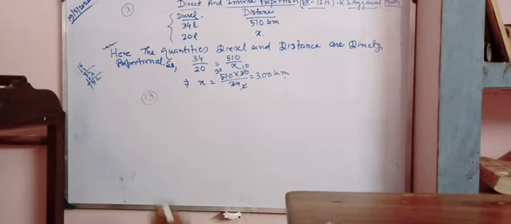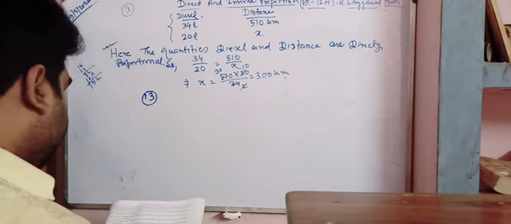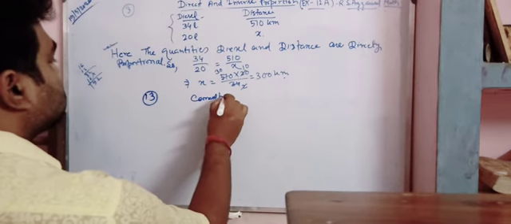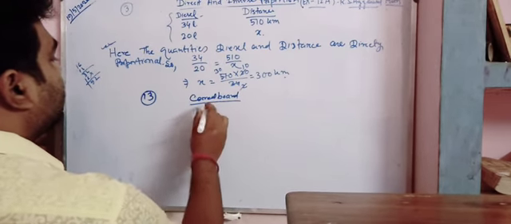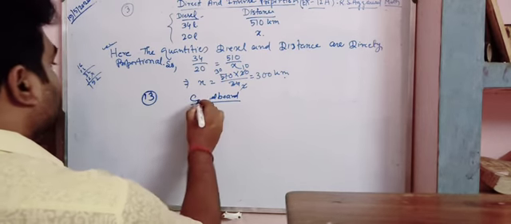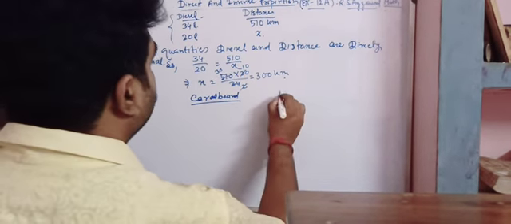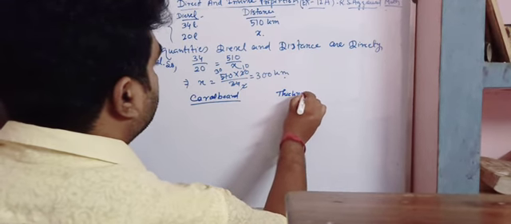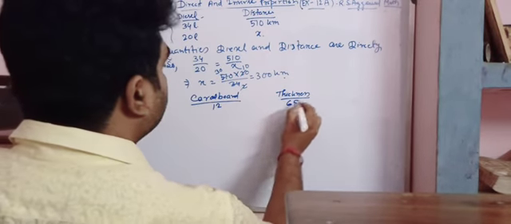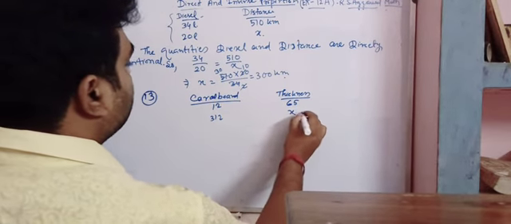So here, question number 13, 12 cardboards. So cardboard and thickness. So 12 cardboards can be 65 mm thick. Now here 312 cardboards, how many mm thick?